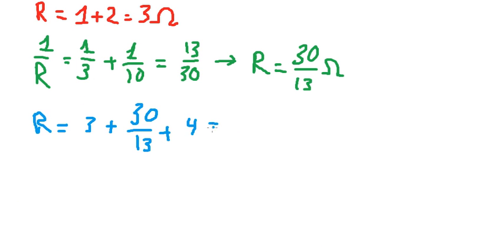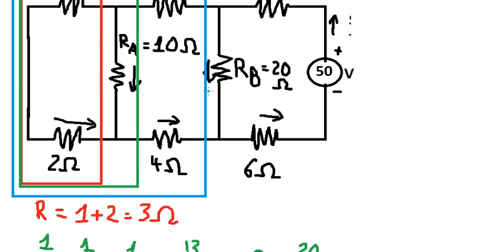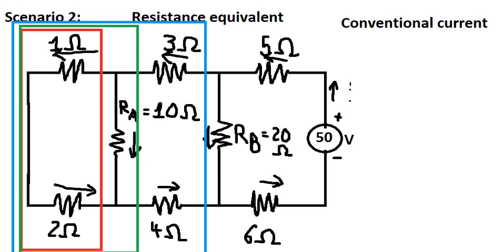So we calculate this one, and we have 121 over 13. And we can see that the blue is parallel to RB. Now we highlight the purple in here.